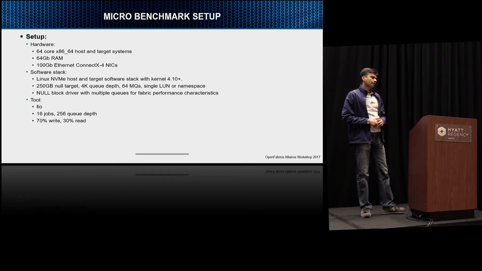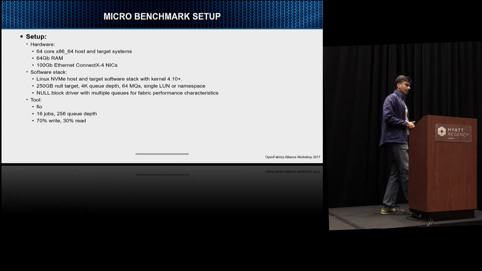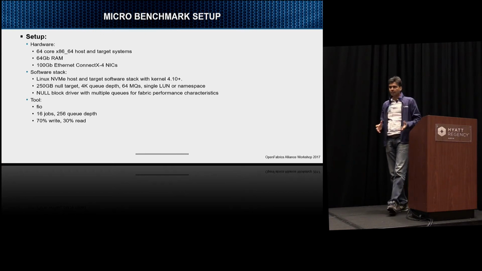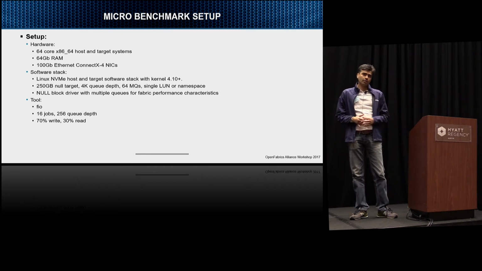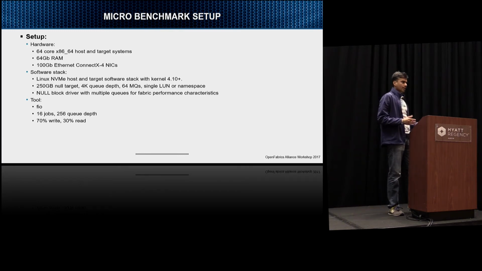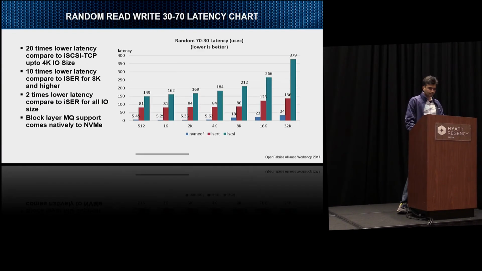But the performance numbers are around the null driver so that we can see how the latency plays a vital role from the fabric side. We always run a 70-30 OLTP kind of workload to make sure that one does not impact the other. So the performance charts are for the mixed workload.